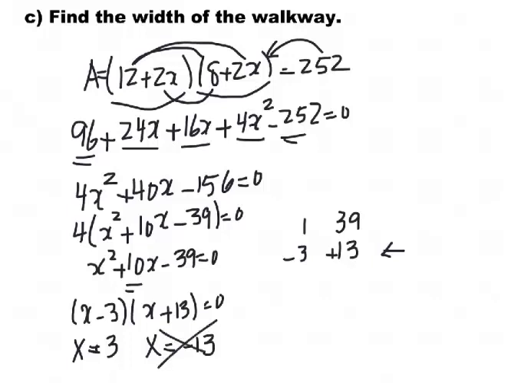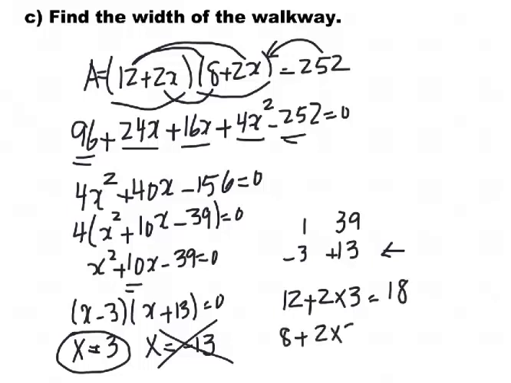So this answer in the context of the problem doesn't mean anything. So the answer is x is equal to 3. So the dimensions become 12 plus 2 times 3, which is 12 plus 6, which is 18, and 8 plus 2 times 3, which becomes 14.